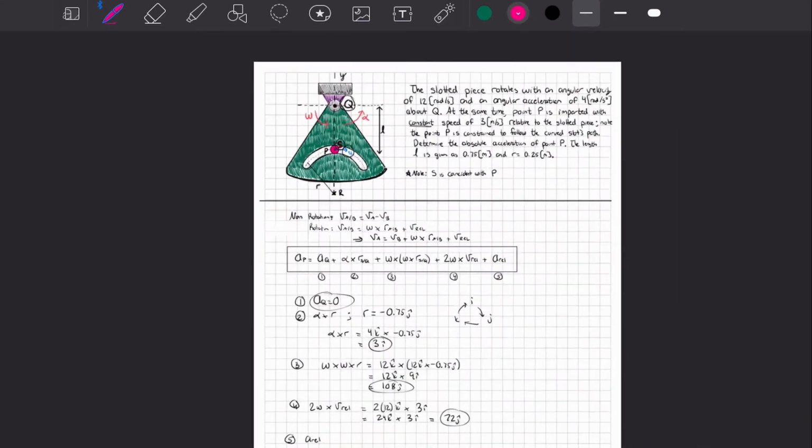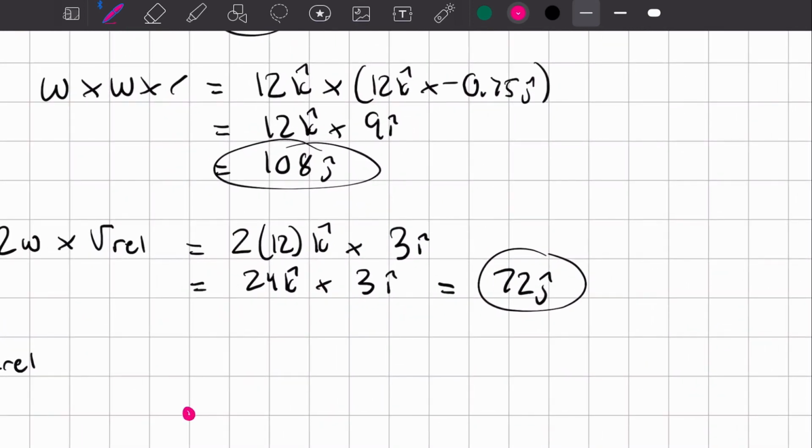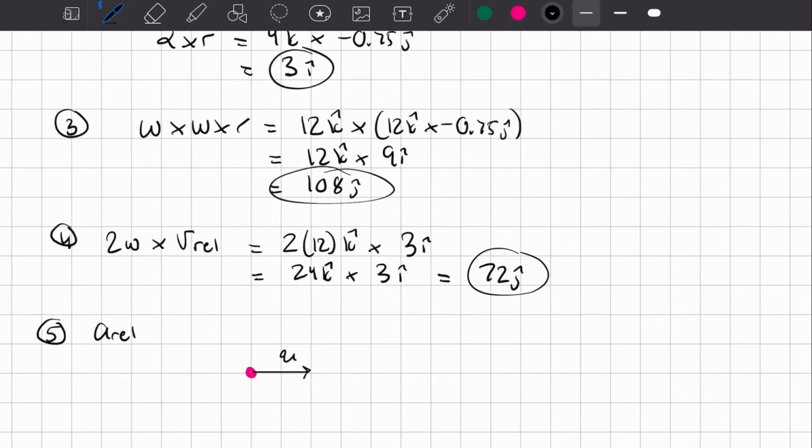And finally, for 5, we want the relative acceleration. So if I have point P here, I gave it a constant u in the positive i hat direction. And if that's constant, we know that is the tangential velocity.